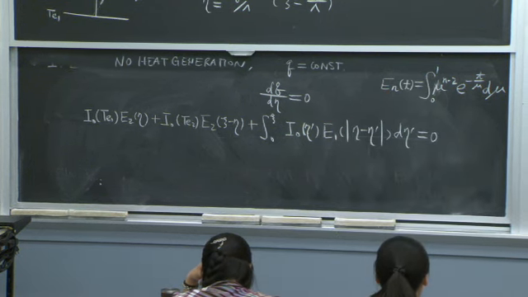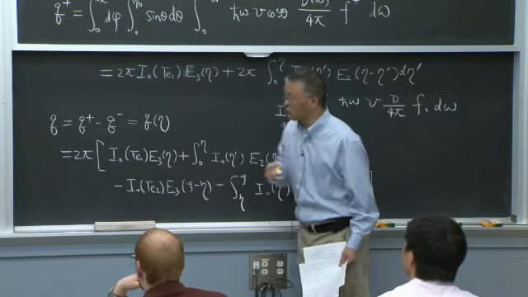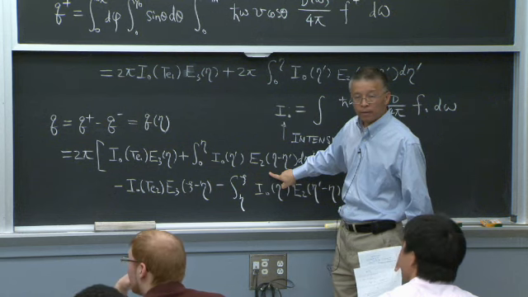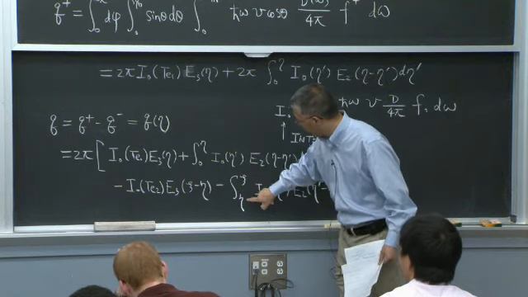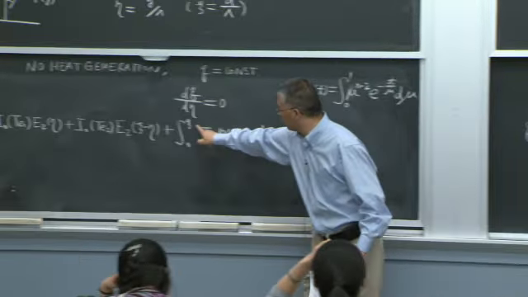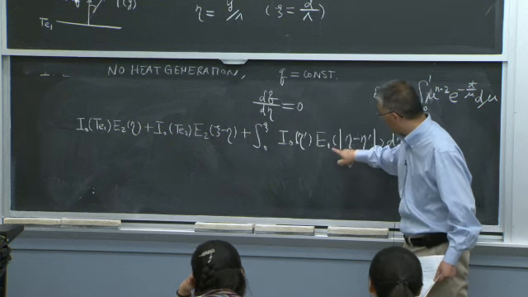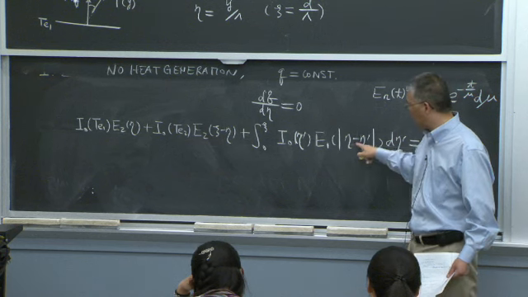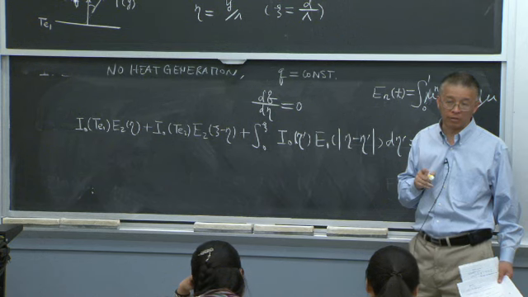Okay, I didn't go step by step, but when you take a derivative, E3 becomes E2, and E2 becomes E1. And these two half integrals, from 0 to eta and eta to cosine, are combined into 0 to cosine. Inside there is I0 eta prime, but E1 now has an absolute sign because it changes sign when eta equals eta prime. So I put an absolute value to simplify the notation. These are actually two terms.